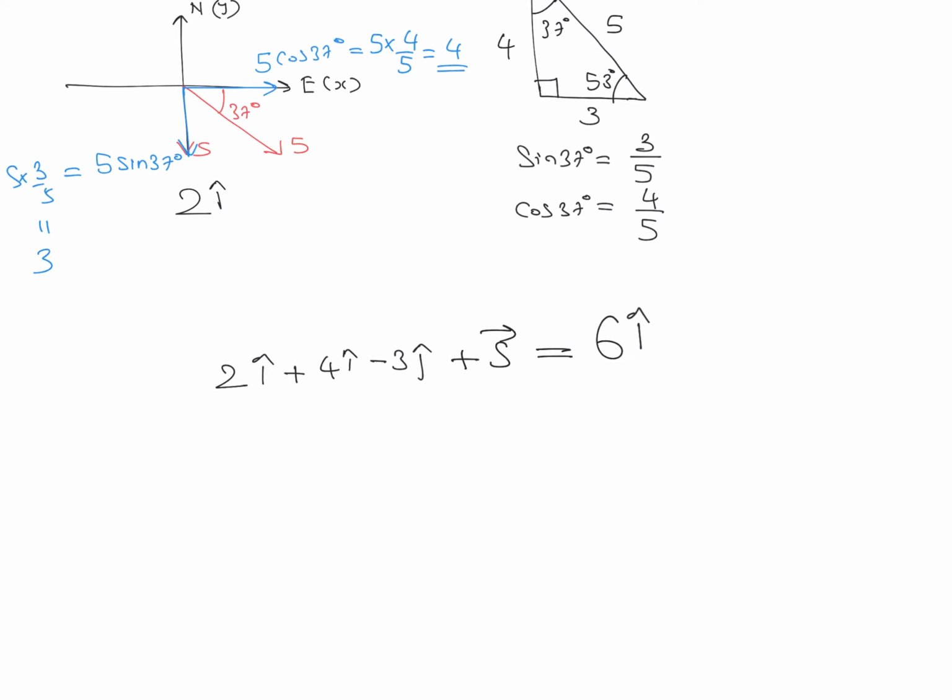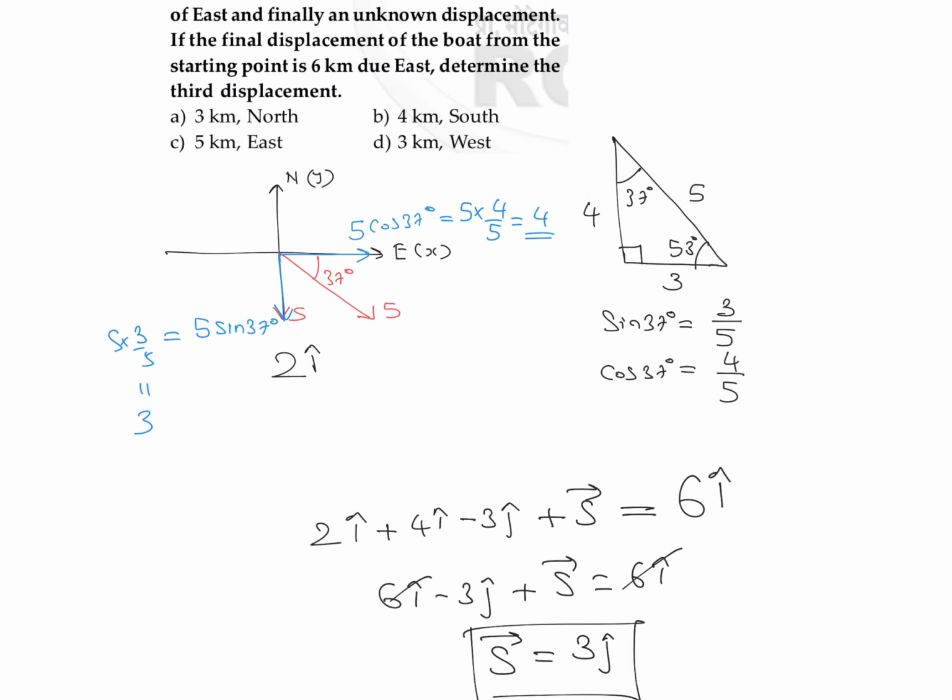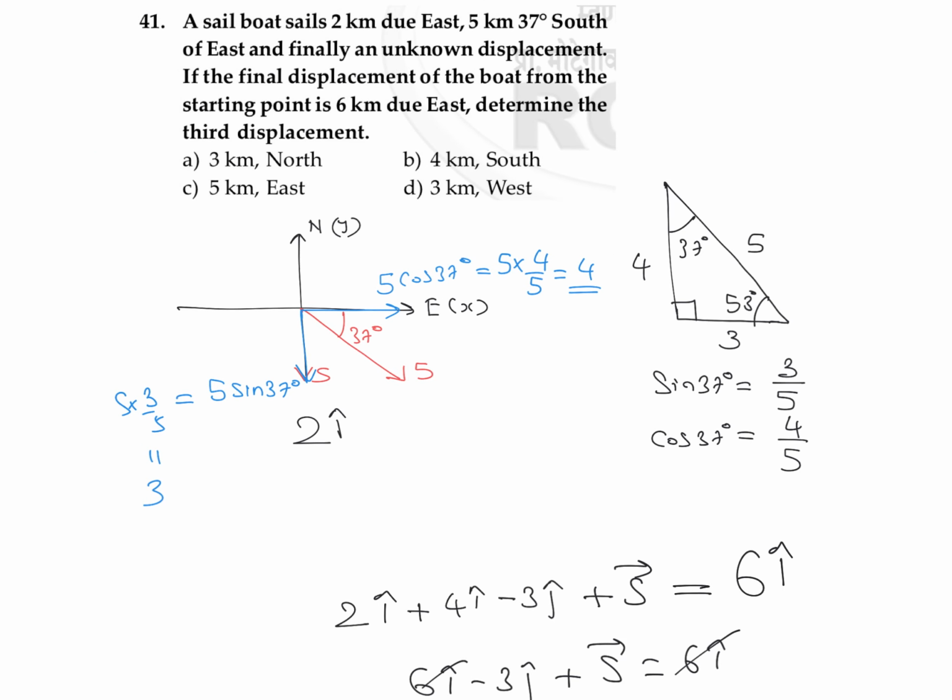So we can observe that 6 i cap minus 3 j cap plus displacement s should be equal to 6 i cap. The 6 i cap and this 6 i cap cancel, so we get the displacement vector equal to 3 j cap. So 3 j means 3 km along the north direction.